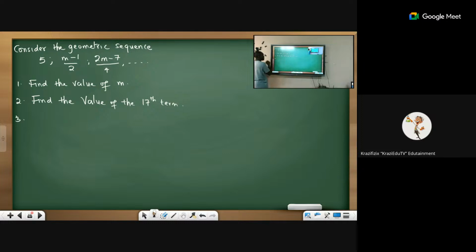And number 3. Which term has a value that I need to quickly calculate? Bring me a calculator there. But start.